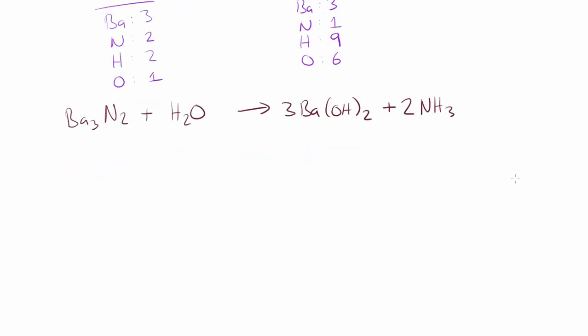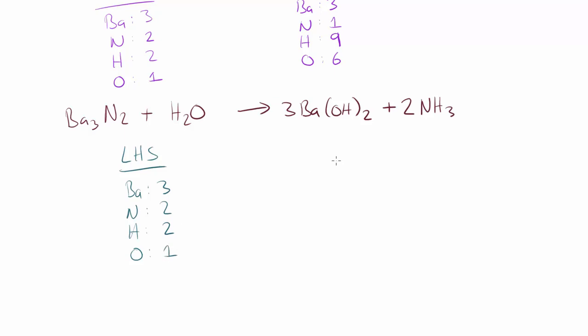So the LHS is literally just Ba₃N₂H₂O, and we get the same values that we previously had: 3, 2, 2, 1.